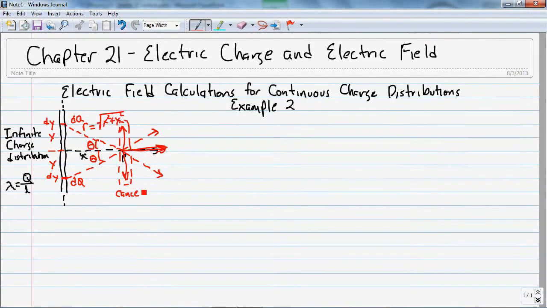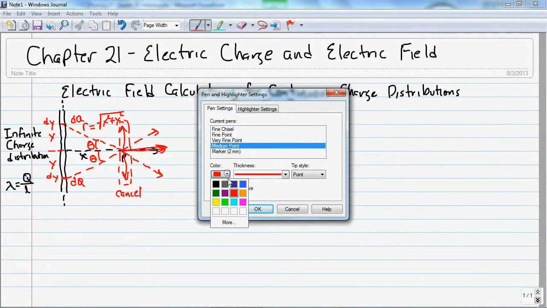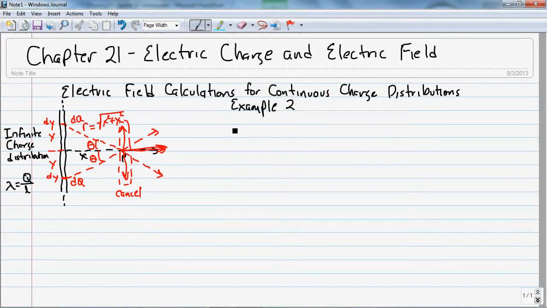Okay, so we have our differential electric field dE equal to 1 over 4 pi epsilon naught dq over r squared. And remember, because we canceled out the y, we have to multiply by cosine of theta.